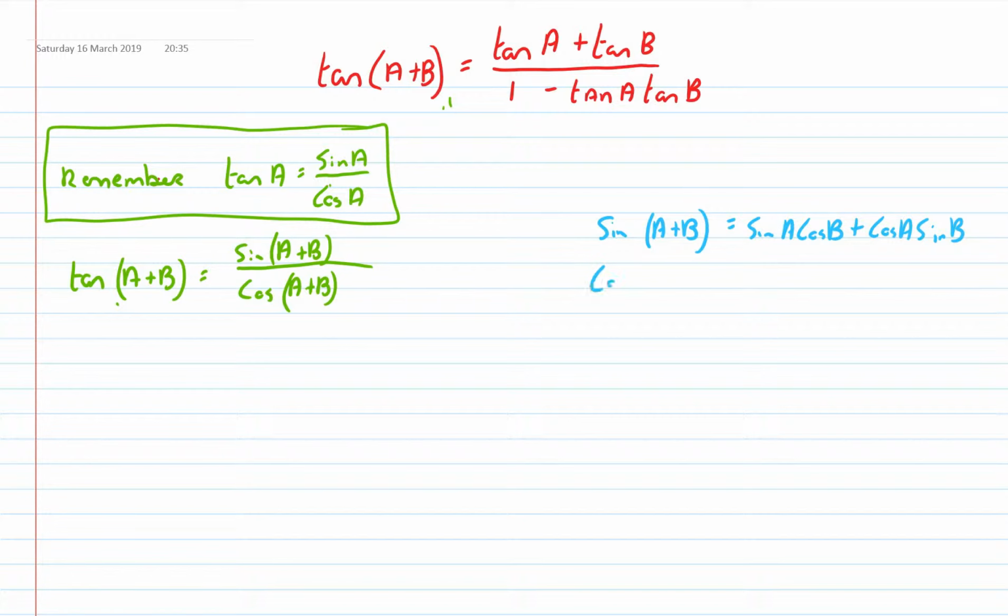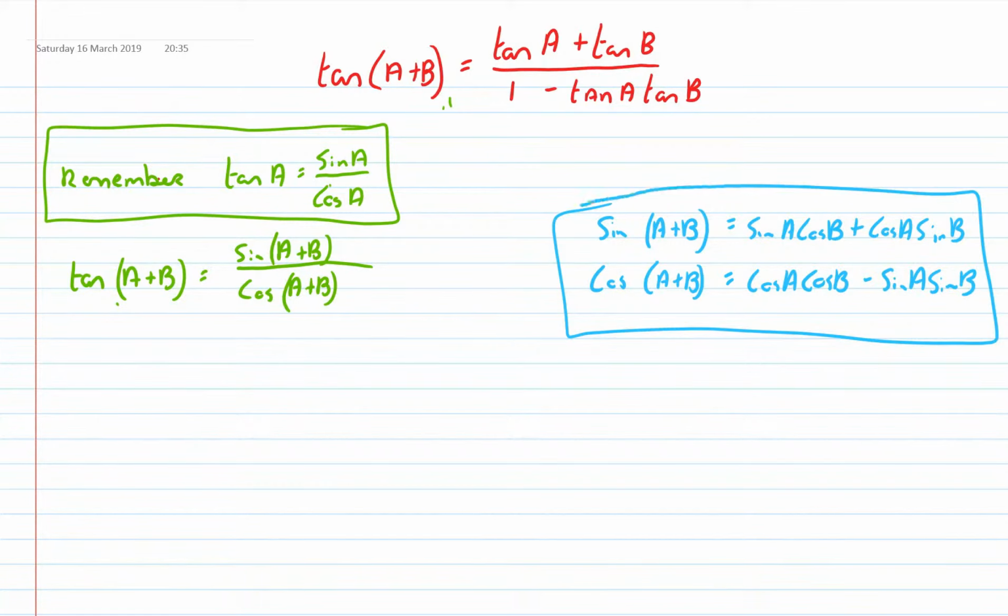And also we need to know that cos(A + B) equals cos A cos B minus sine A sine B. Right, so we need to know that as well, and we should know it because we've already derived these formulas in past videos.